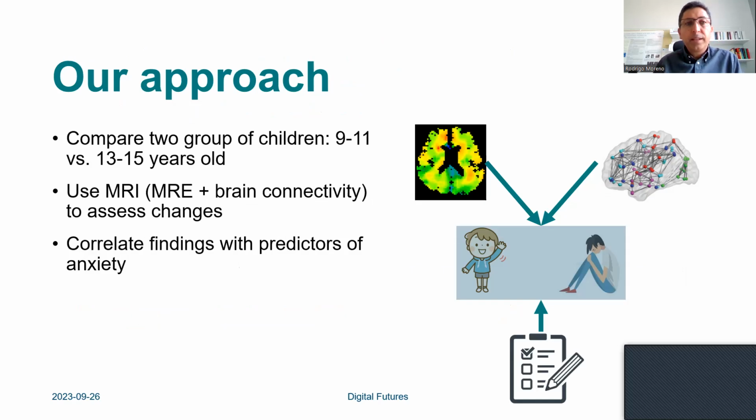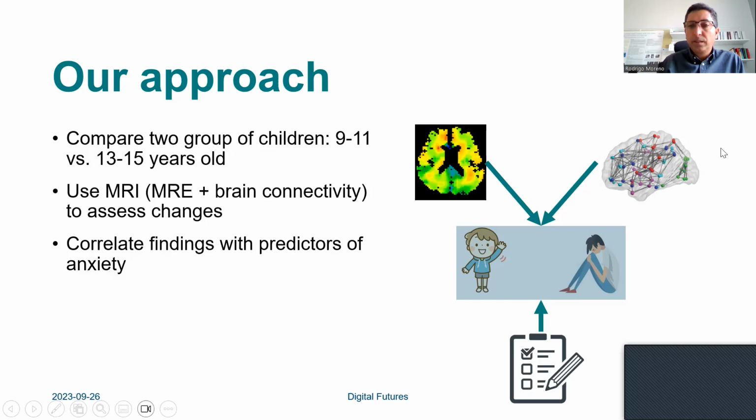Yes, and for that, this is our approach. So we are recruiting two groups of children, one that is from 9 to 11 years old, so more children, and the other is more adolescents from 13 to 15 years old. And we are going to do two things. First is to acquire images, especially MR elastography, and brain connectivity.